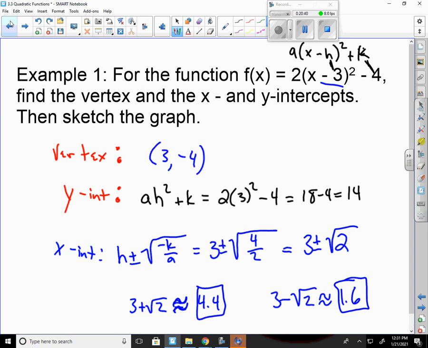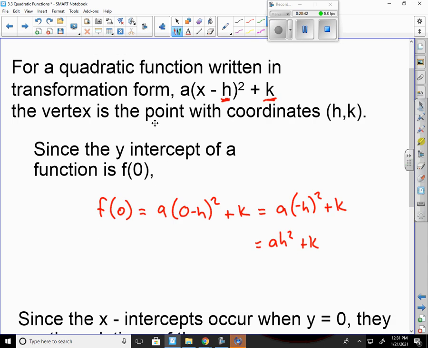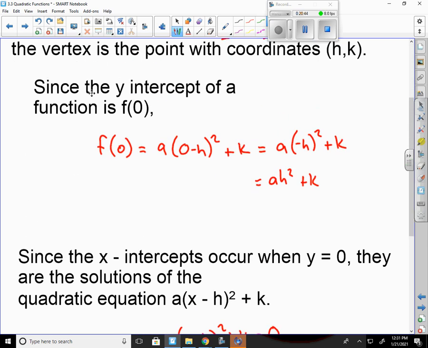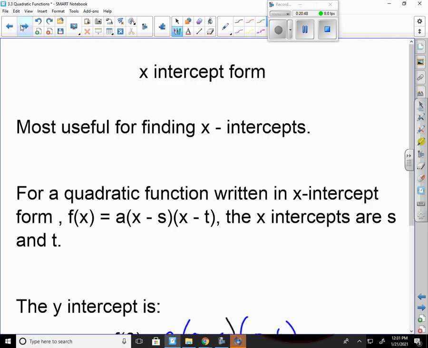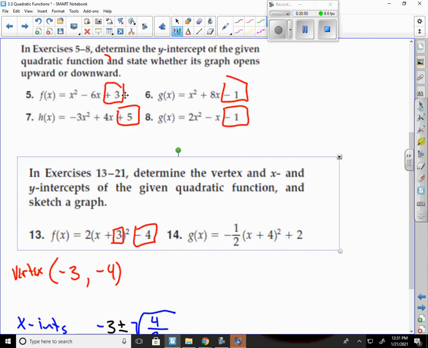Find my y-intercept. It's f of 0, meaning I just plug a 0 in for x.